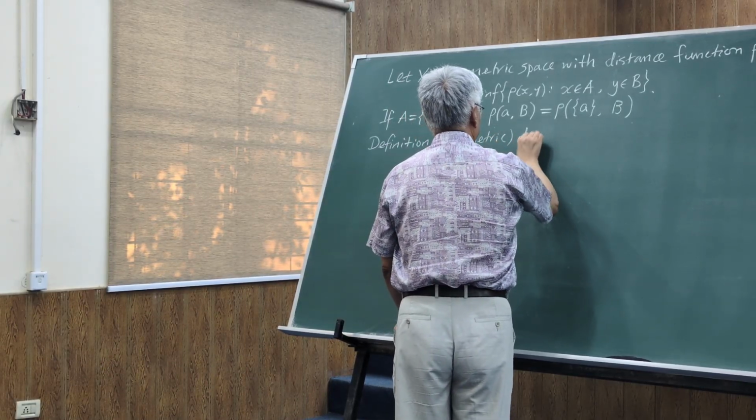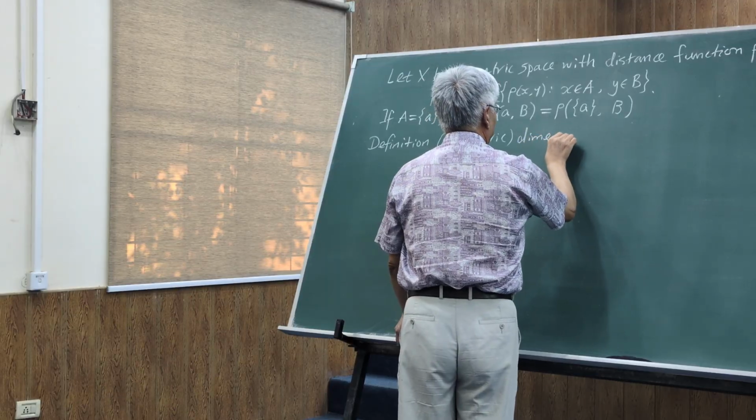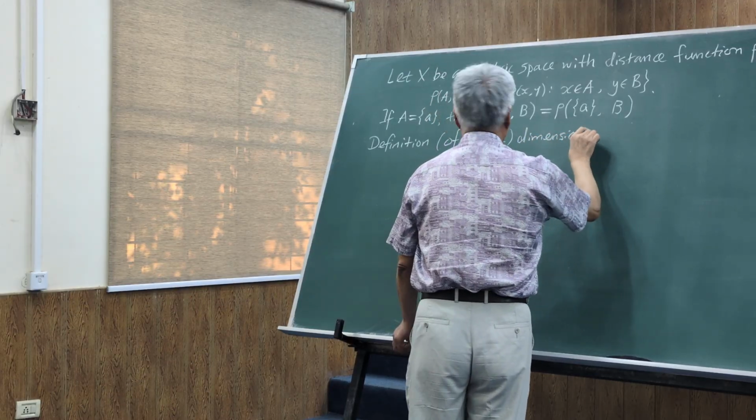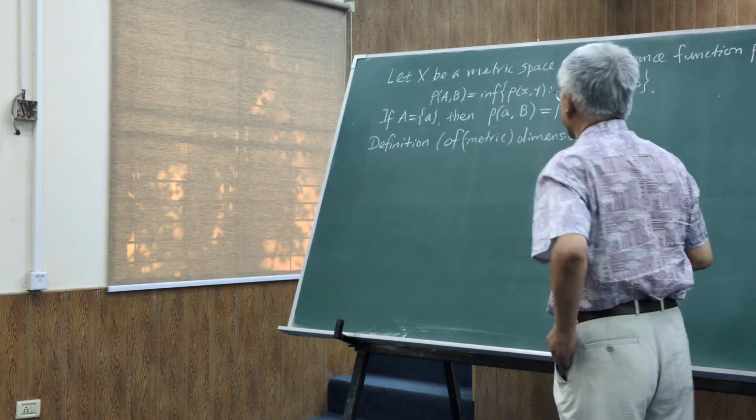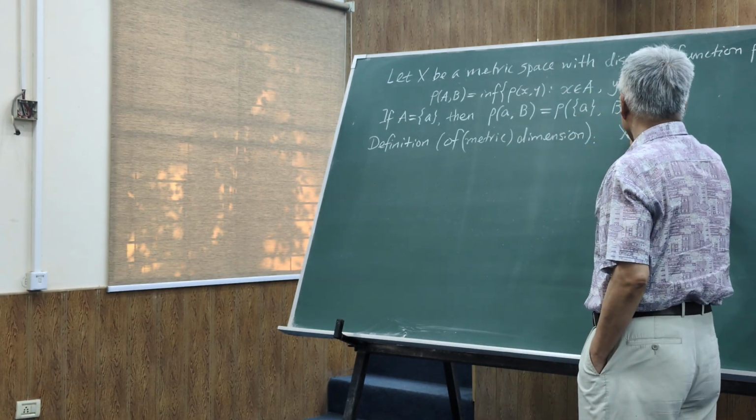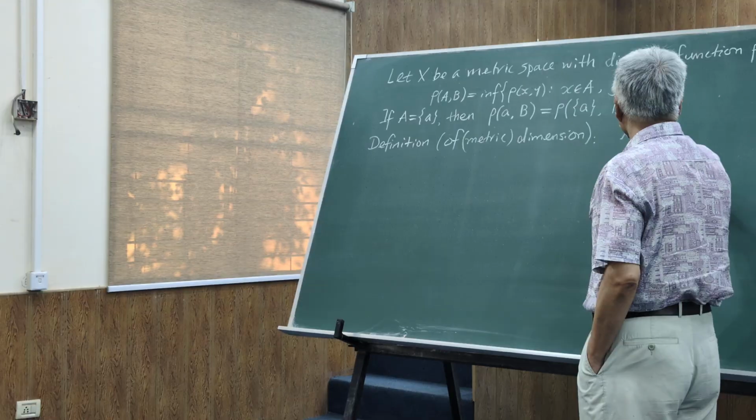I think I got 2 million pairs of brackets now. So let X be a metric space with distance function rho.